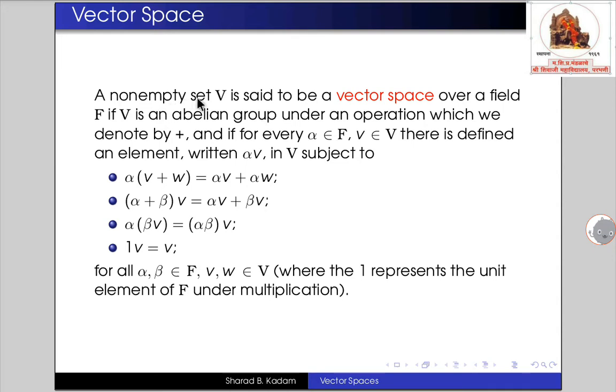So these 5 conditions for abelian group and these 4 conditions, there are a total of 9 conditions for a set to form a vector space over a field F. So here we will see another definition for a vector space.